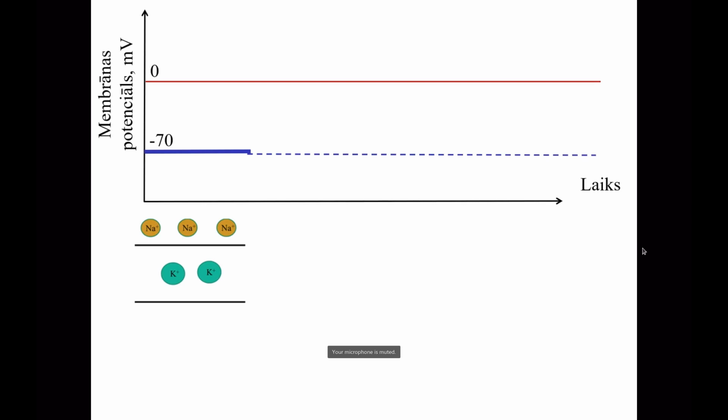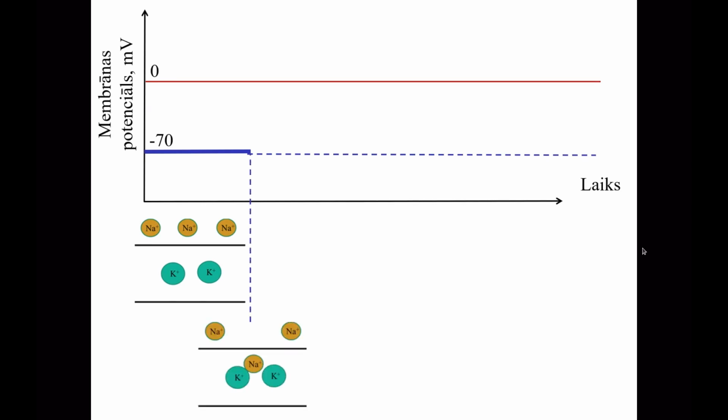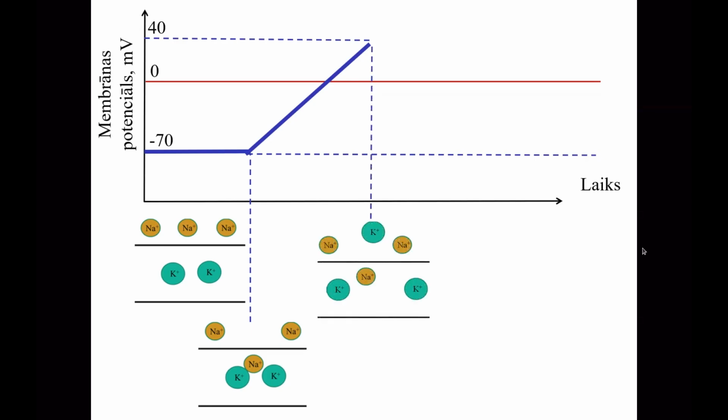At the beginning we have minus 70 millivolts in the membrane. Now we have activation. As a result, the potential rises to roughly plus 40 millivolts. And when the activation is interrupted, the potassium ion comes back.